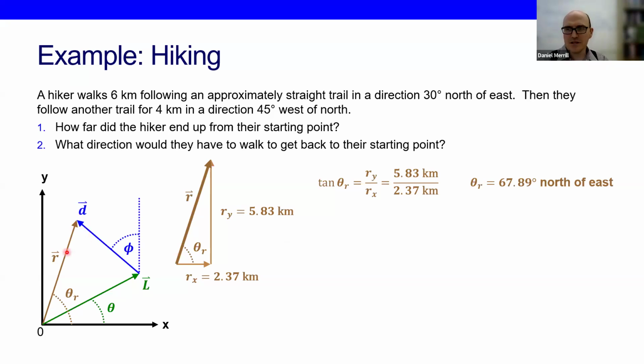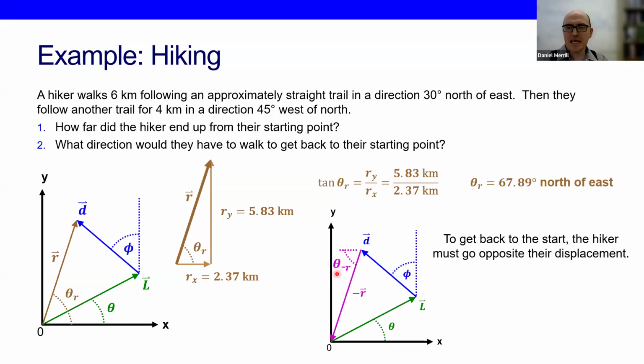Opposite the direction, that's the same angle, just instead of going north and east, I want to go south and west. So once I got the angle of my displacement, I just reverse the direction, and it's 67.89 degrees south of west. That's the direction I should go.